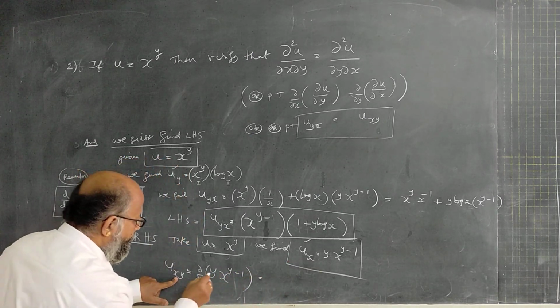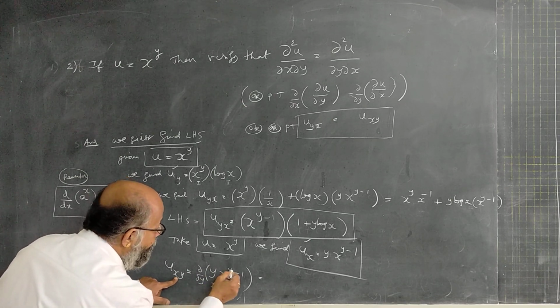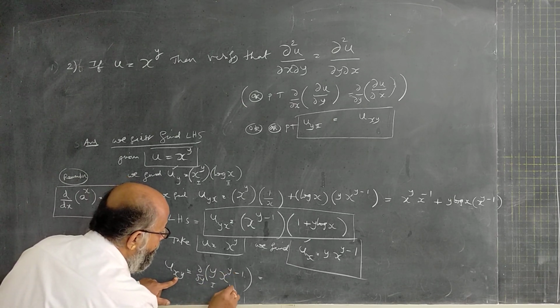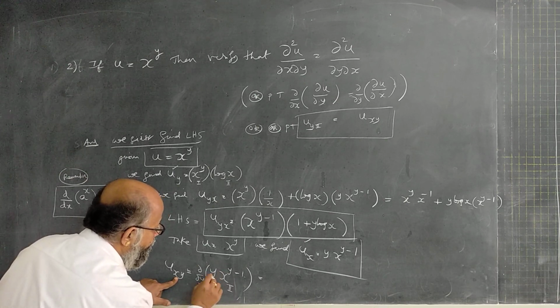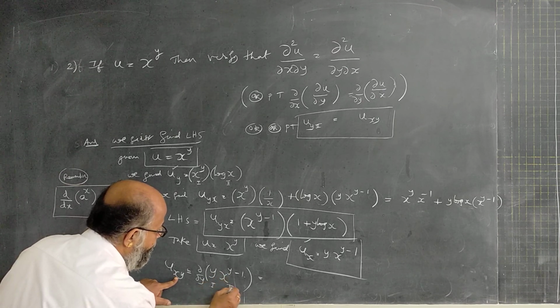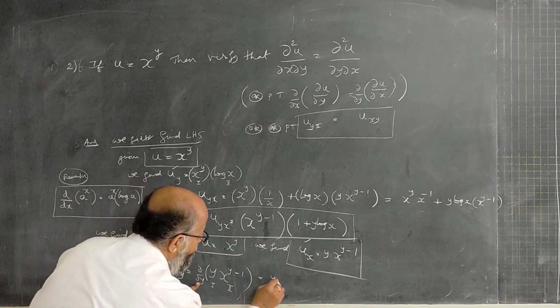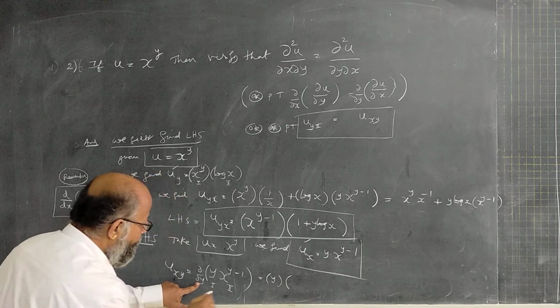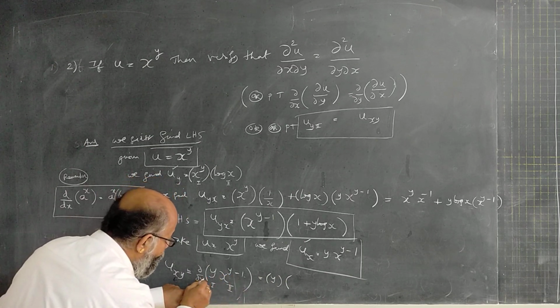Now observe here, the first term contains y. The second term also contains y. Both terms contain y. It is the product of the first term and the second term. Therefore, we should differentiate using the product rule with respect to y. Product rule means first function y into the differential of x to the power of y minus 1 with respect to y.